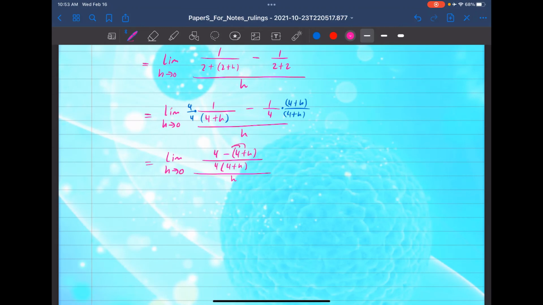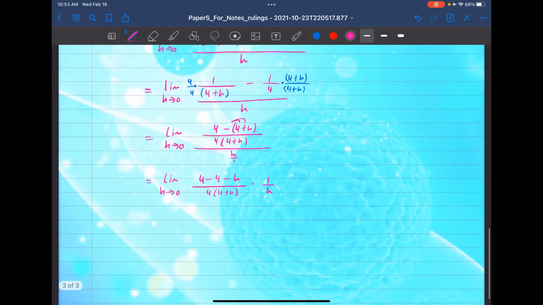And here I'll distribute the negative out. So we have the limit as h approaches 0 of 4 minus 4 minus h, all over 4 times 4 plus h. Now instead of writing over h, I can reciprocate that and write times 1 over h. So I just reciprocated the bottom fraction. And now here we realize that the 4 and negative 4 cancel out.